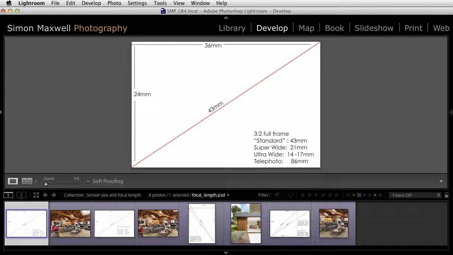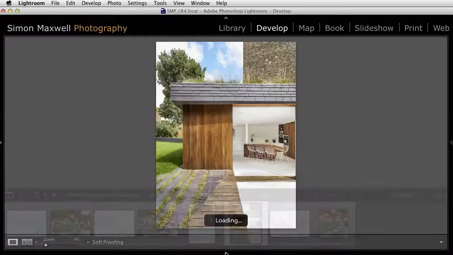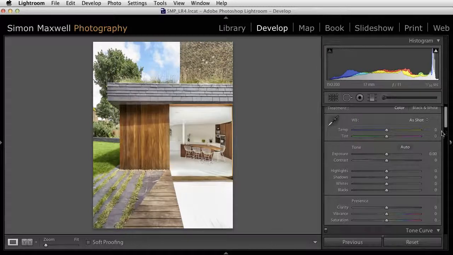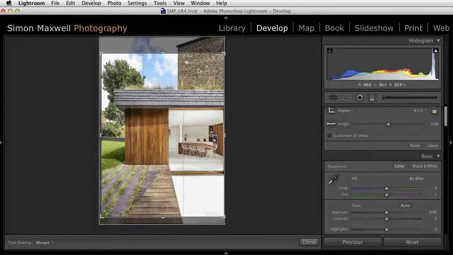To take this a little bit further, and this doesn't apply always so much to real estate photography, but more to architecture and interiors photography, a lot of pictures, particularly if you're shooting for magazines, are in portrait format. And my personal feeling is that if you turn your 35mm frame into portrait mode, it's a little bit too tall, and I much prefer what they call a sort of 4:3 ratio.